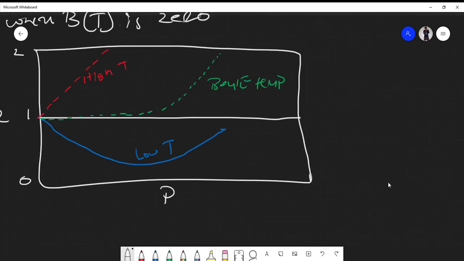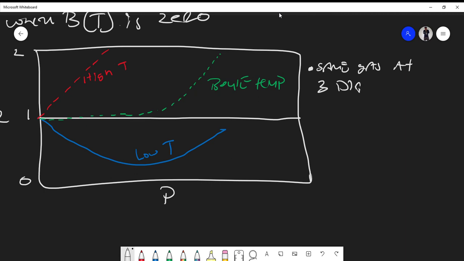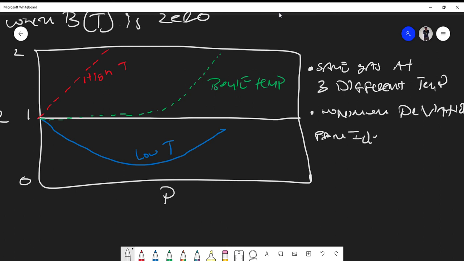So again, some words on the graph. It's the same gas at 3 different temperatures. We also see that there's minimum deviation from ideality at low pressure.